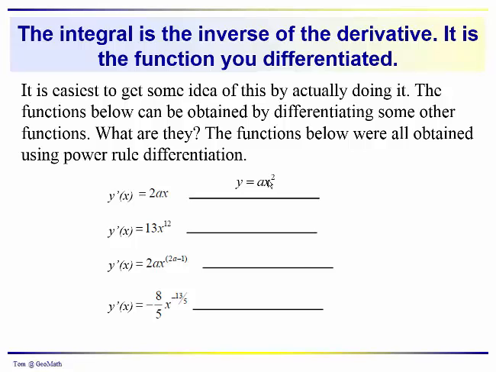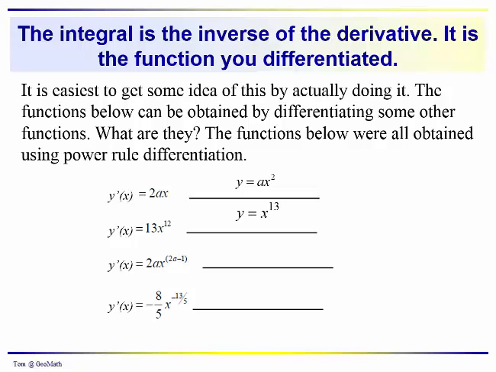If we differentiate ax squared, we bring the power down in front, reduce the power by 1, and we get 2ax. Okay, let's take a look at the next one. You could pause this video and do these yourselves before we proceed.